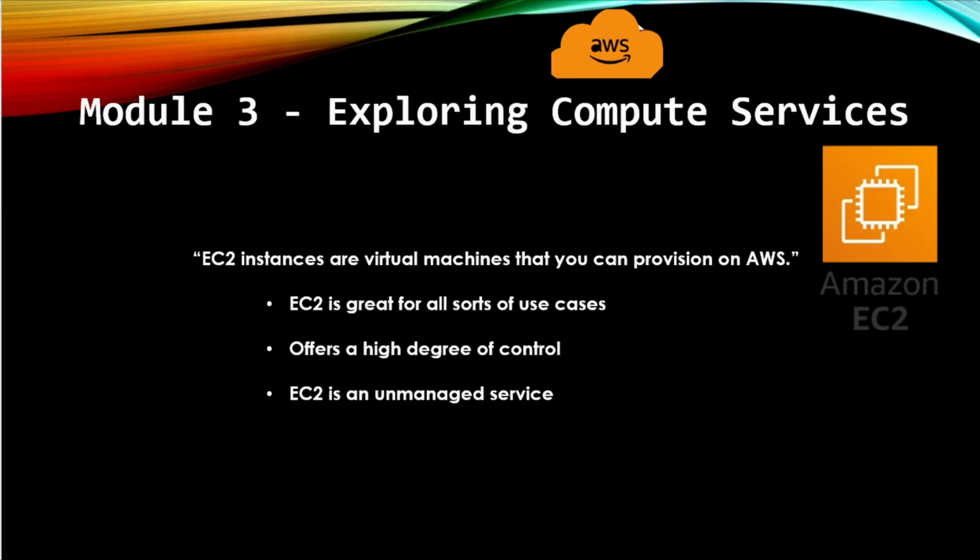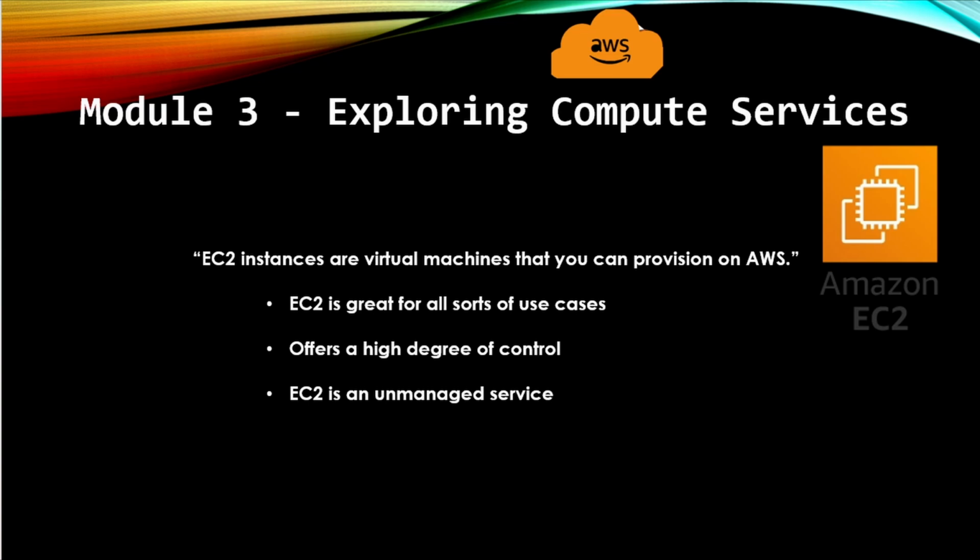EC2 is great for all sorts of use cases, from running basic web servers to high-performance computing workloads and everything in between. EC2 offers a high degree of control when it comes to your instances, but it also requires that you manage that fleet of instances over time.